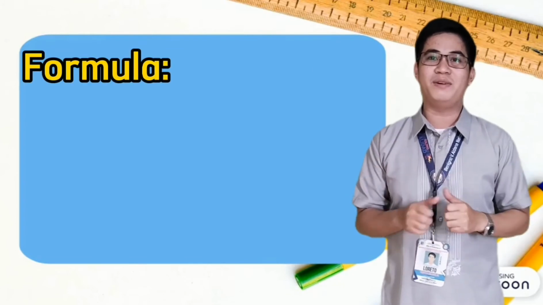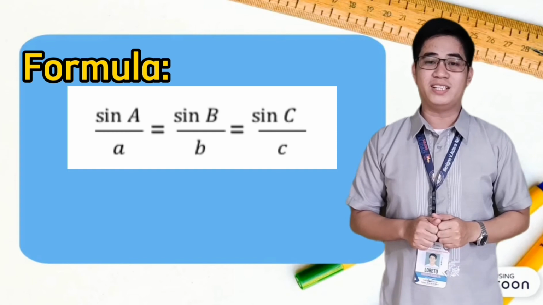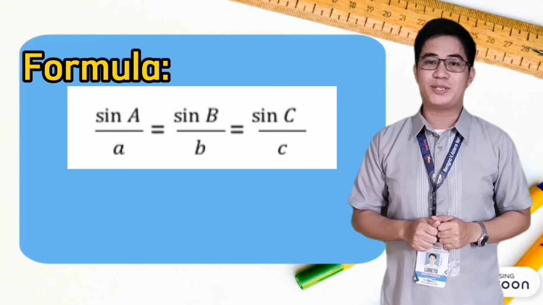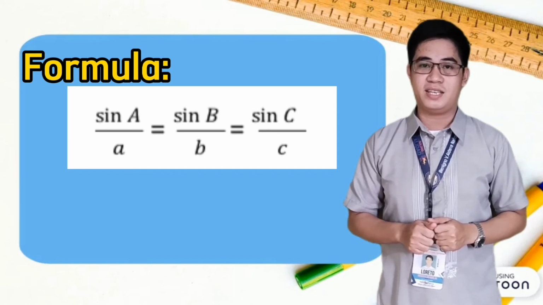The formula we're going to use is sine of angle A over its opposite side a is equal to sine of angle B over its opposite side b is equal to sine of angle C over its opposite side c.